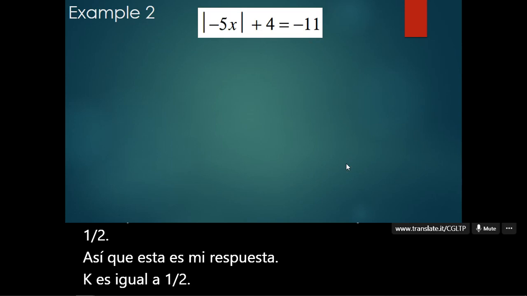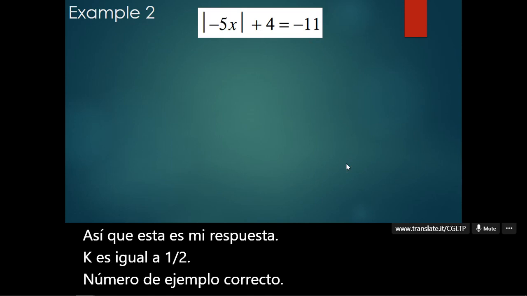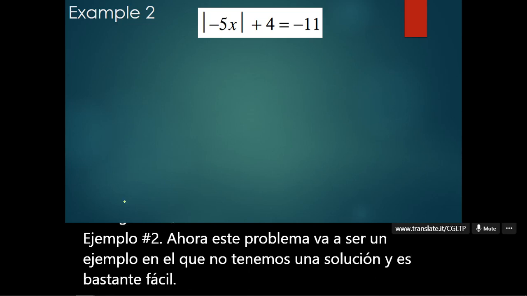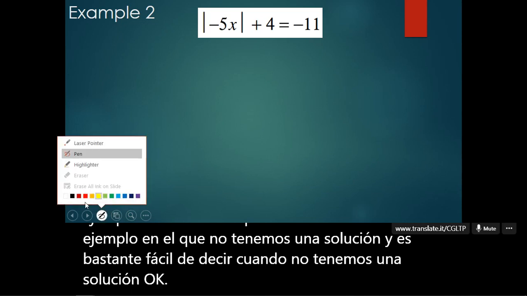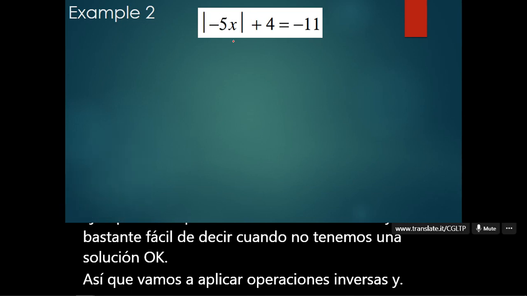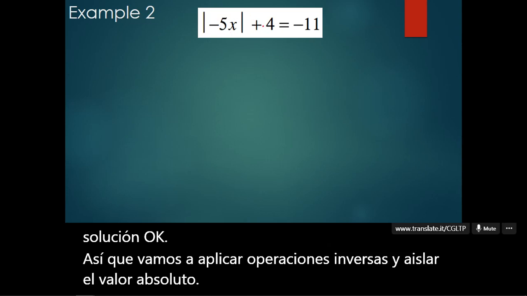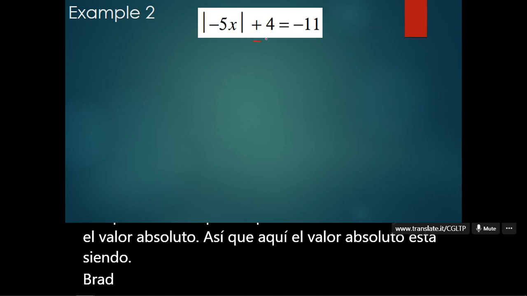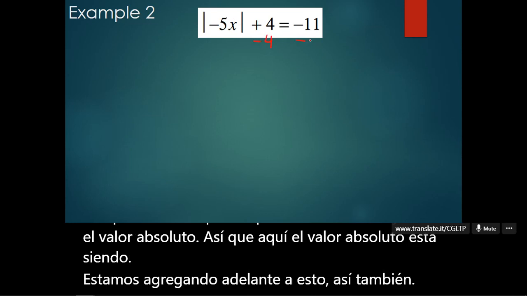All right, example number 2. Now this problem is going to be an example where we don't have a solution, and it's pretty easy to tell when we don't have a solution, okay? So let's apply inverse operations and isolate the absolute value. Here we're adding 4 to the absolute value, so we'll subtract 4 on both sides.